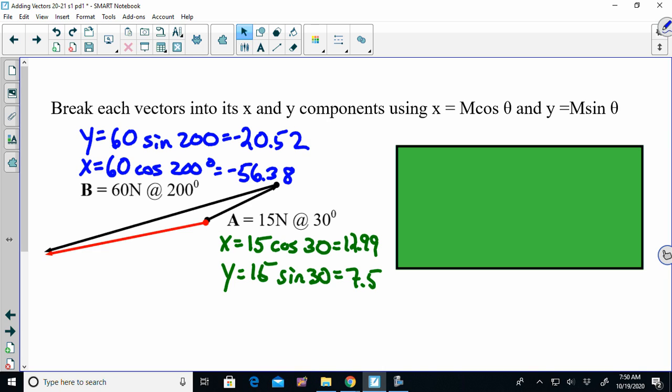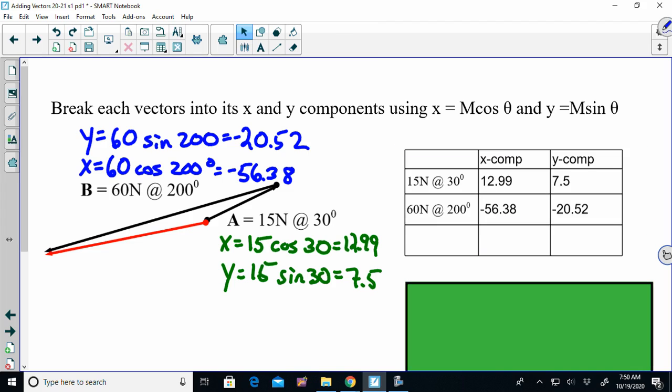I'm going to take these answers and put them into my chart. Okay? So I drew my picture, broke each vector into its components, put those components into my table.